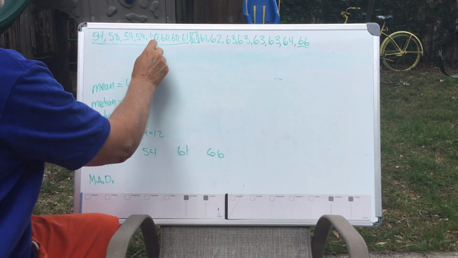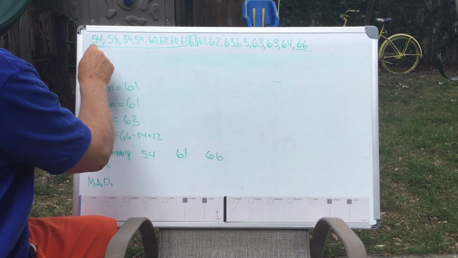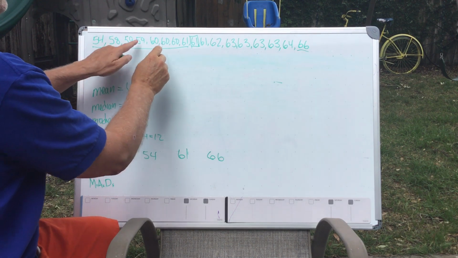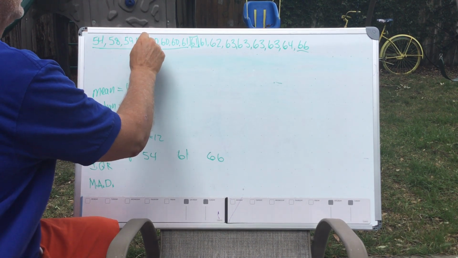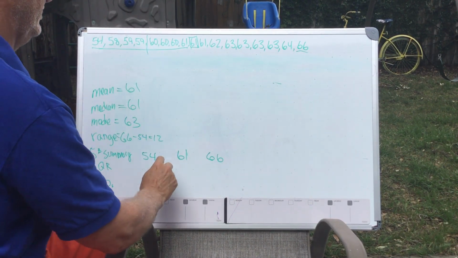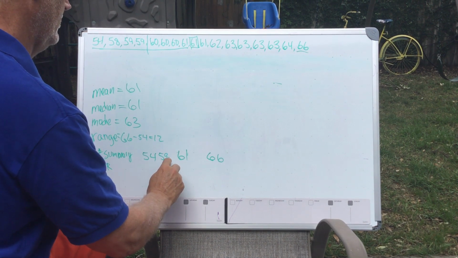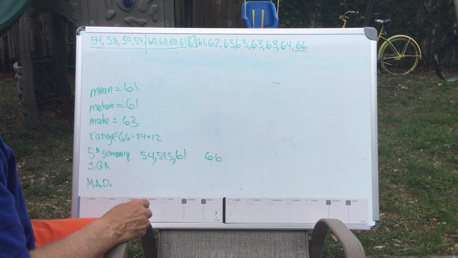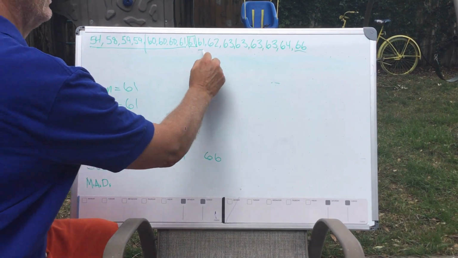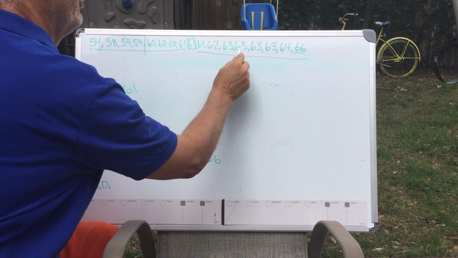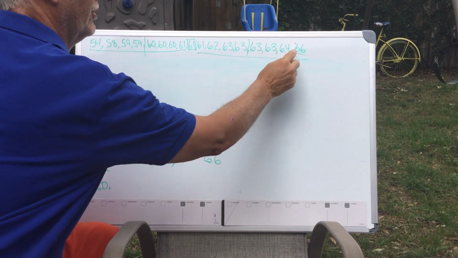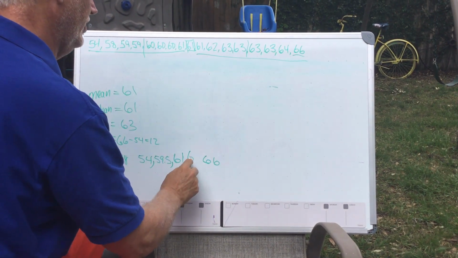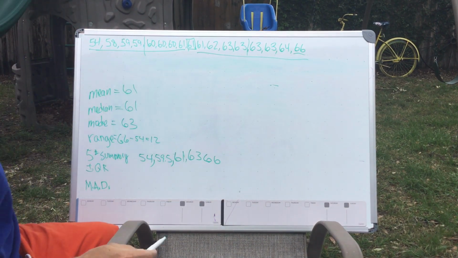So 1, 2, 3, 4, 5, 6, 7, 8. So 1, 2, 3, 4. 1, 2, 3, 4. So the middle number of the bottom half is 59.5. Middle number of my top half, 1, 2, 3, 4. 1, 2, 3, 4 is 63. And that's my 5-number summary.